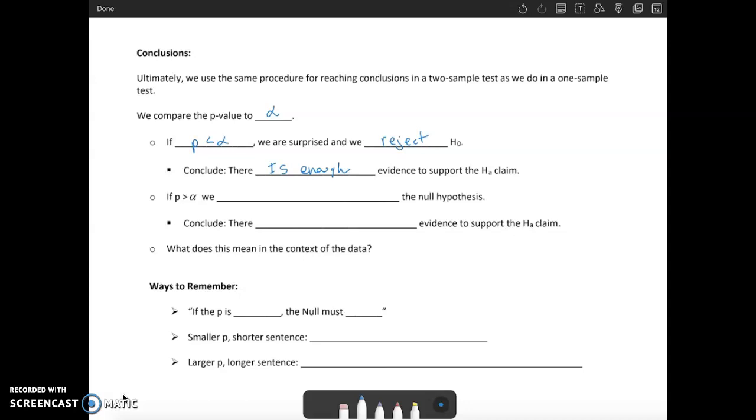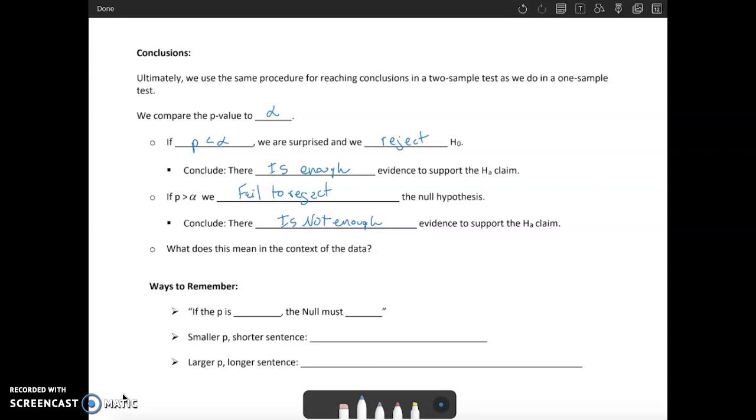If p comes out greater than alpha, that is when we fail to reject the null hypothesis, and we conclude that there is not enough evidence to support the alternate claim. And then we follow that up with the meaning in context.